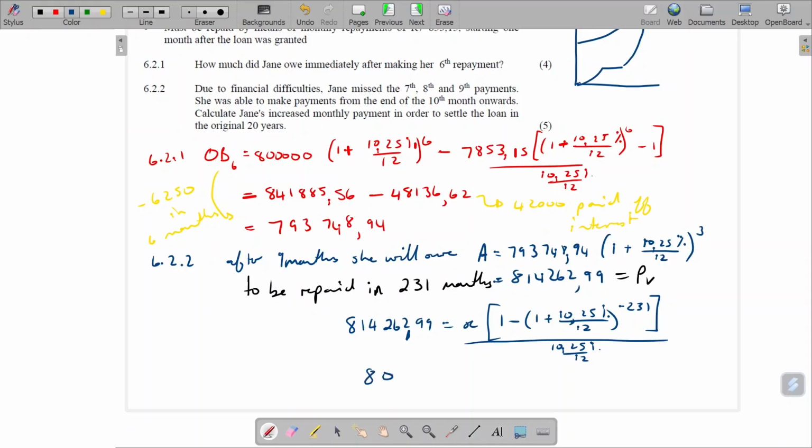And I'm getting an answer this time. I must have made a typo in the previous one. Therefore, 8,089 Rand and 20 cents equals X.